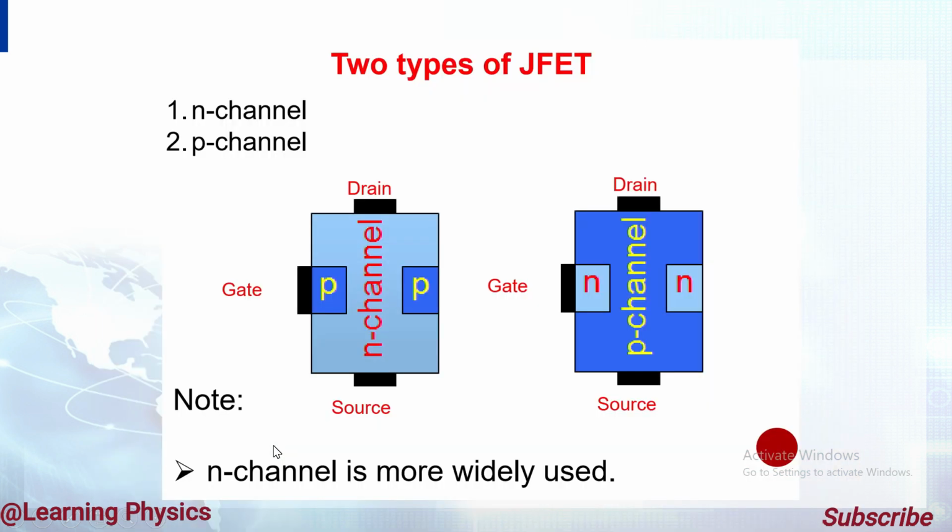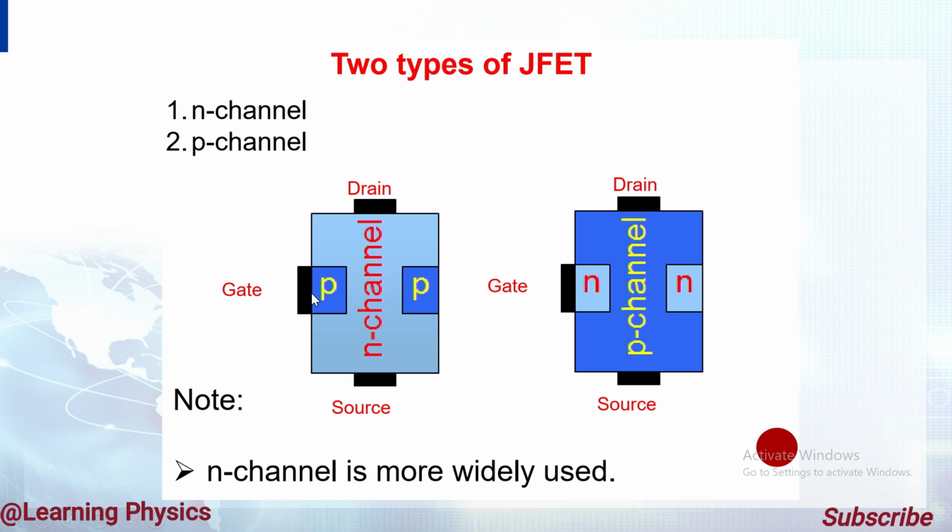If we talk about the types of JFET, junction field effect transistor, it has two types: one is N channel and the second is P channel. Here is an N channel JFET in which the main material is N channel, and on the sides p channel material is used.